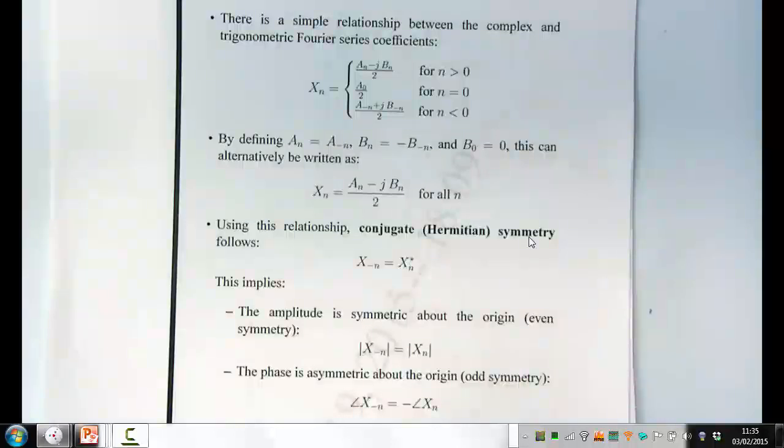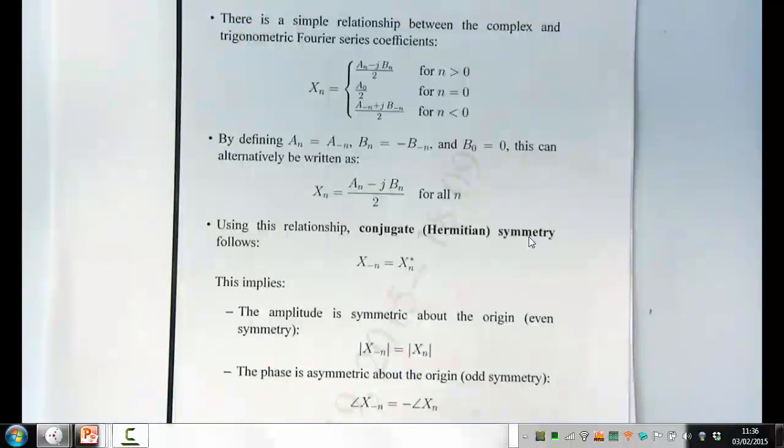It was possible to show that, with a couple of subtle redefinitions, which are really just notation, you could write the complex Fourier coefficient for all values of n as just this expression here. So if you've done the trigonometric Fourier series and found the a(n) and b(n), you could recombine those using this expression to get the complex Fourier series.